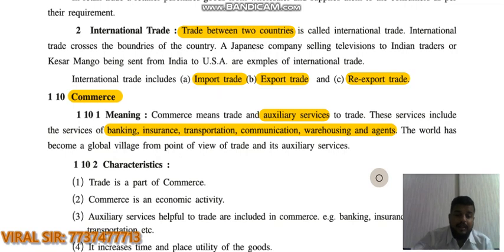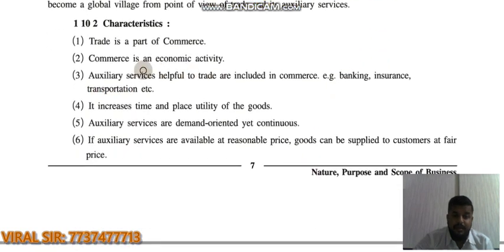Okay, now what are the characteristics of commerce? Trade is a part of commerce as discussed earlier. It is an economic activity, obvious. Auxiliary services helpful to trade are included in commerce. So auxiliary services means those services which are helpful to trade: banking, insurance, transportation, etc. It increases the time and place utility of the goods.